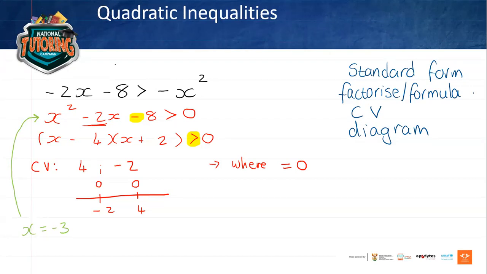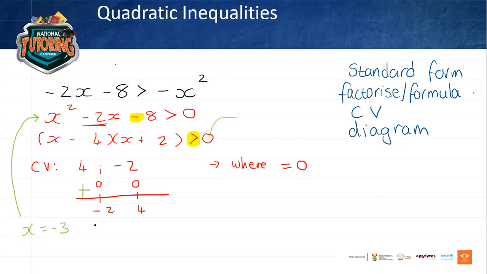So -3 squared minus 2 times -3 minus 8, and we will see that our answer is 7. Okay, so it is a positive answer.